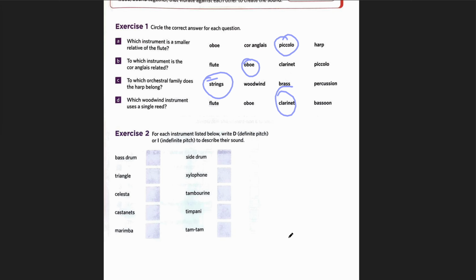For each instrument listed below, write D for definite pitch or I for indefinite pitch to describe their sound. Bass drum, that will be indefinite pitch. Triangle, indefinite pitch. Celesta, definite pitch.